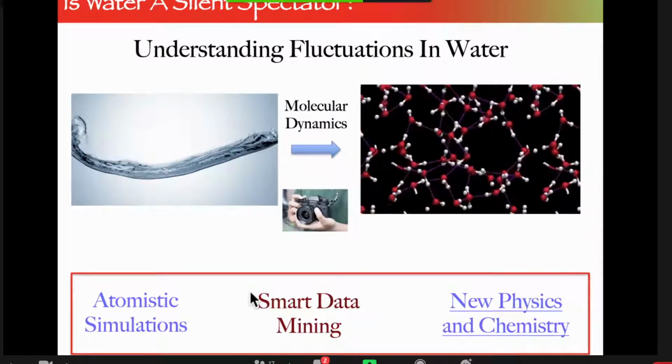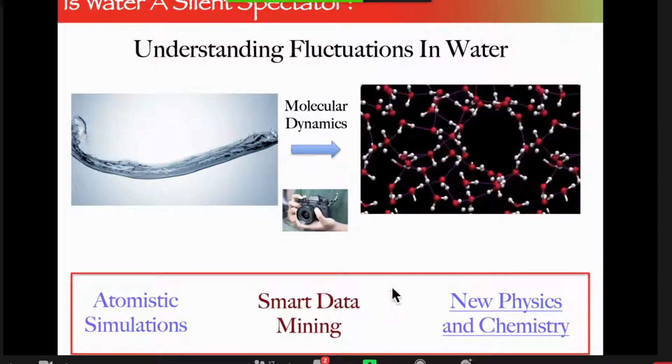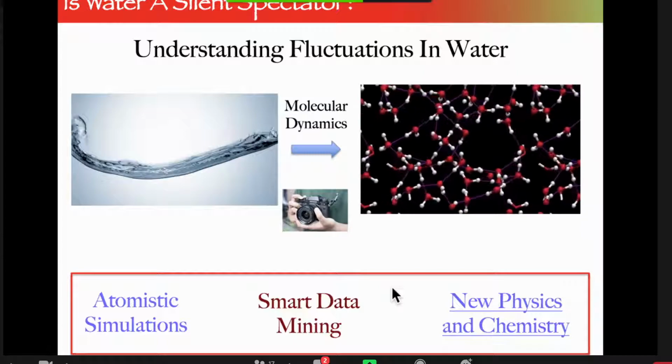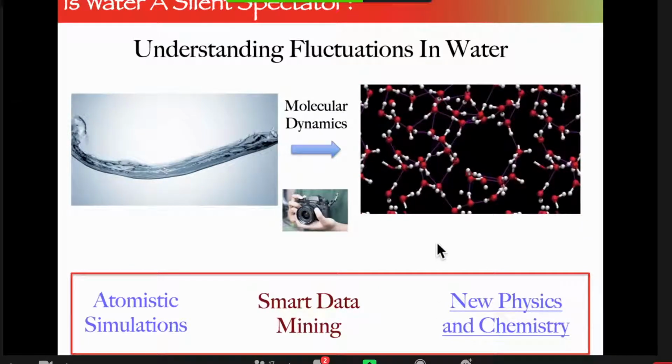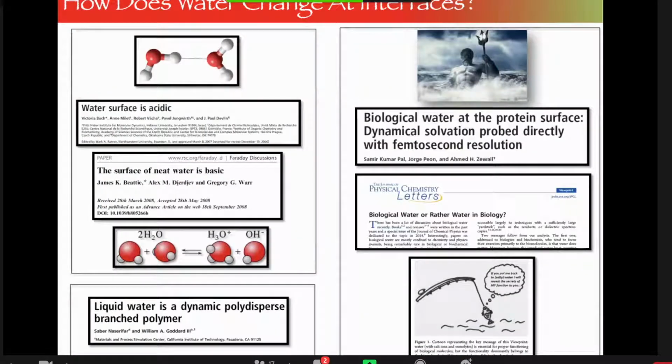So we combine atomistic simulations with some smart data mining to try and understand new physical and chemical systems. Just to give you a bit of context before I get into the problem of soap films, the study of the structure and dynamics of water near interfaces is a century-old problem, and very controversial, with lots of interesting debates.